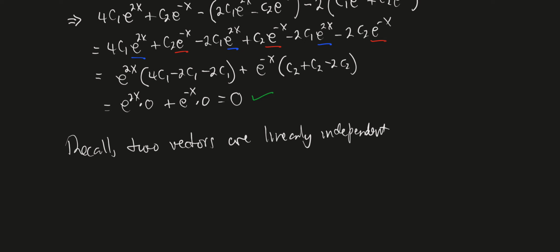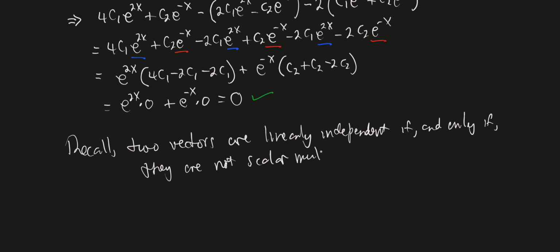Remember, one of the easy ways to identify if two vectors are linearly independent is if they're not scalar multiples of each other. So two vectors are linearly independent if and only if they are not scalar multiples of each other. Well, it turns out this same concept of linear independence can be extended to functions.